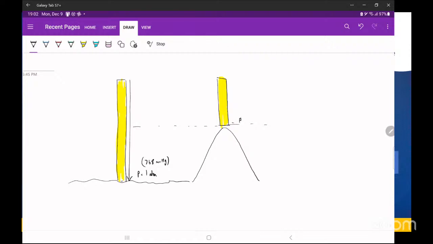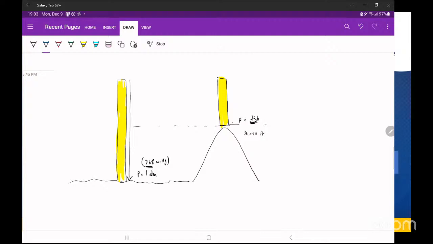Just consider this mountain to be Mount Everest, 29,900, which comes to around 30,000 feet. So the pressure will drop down to 226. You saw here how from 768, it dropped down to 226.